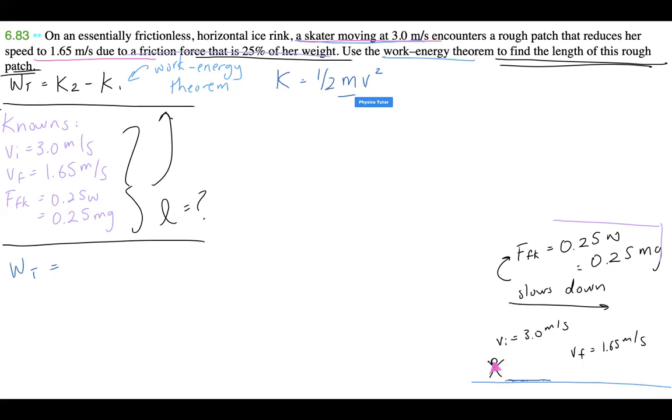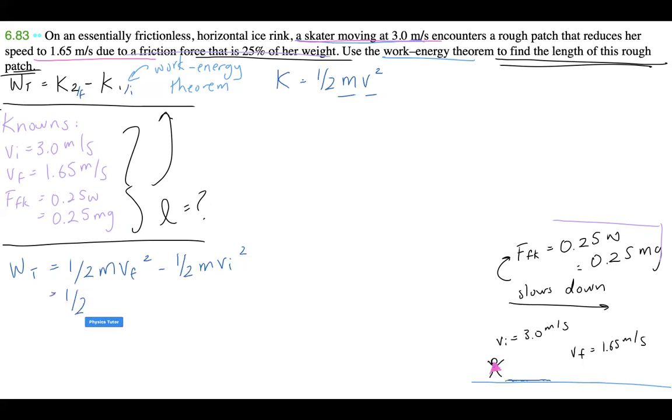So half of the mass of an object times its speed squared. So it's going to be the final one minus the initial one, right? So over here, we're going to have half of mvf squared minus half of mvi squared. That makes sense. Now we're going to plug in our values.